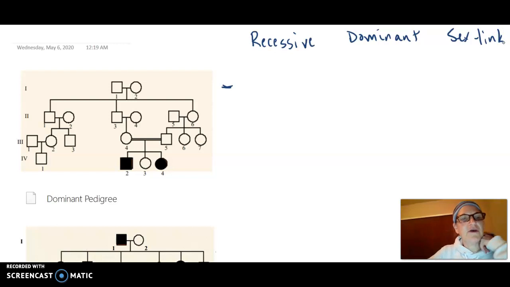If we look at this first pedigree, there are 4 generations, and this trait, this disease, does not show up until the 4th generation. In the 4th generation, now take a look at this. This is another unique situation because this is a double line.